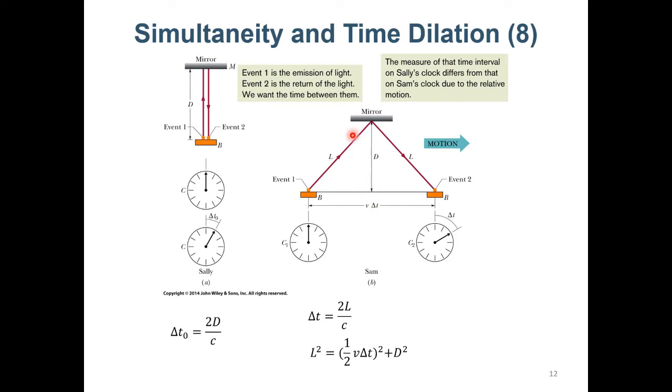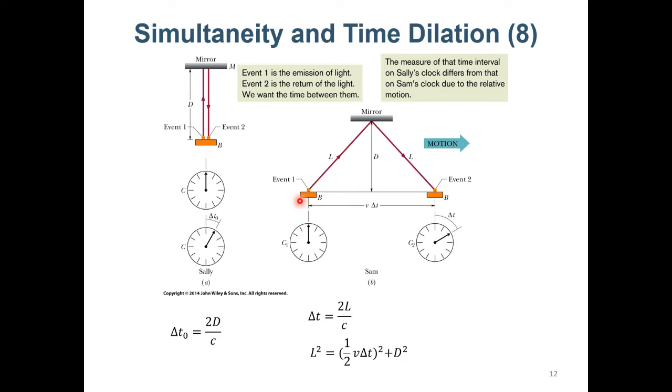However, this line is a bit different. This line is actually seen by the reference frame at this object. The original one is the so-called stationary reference frame, which we are used to.